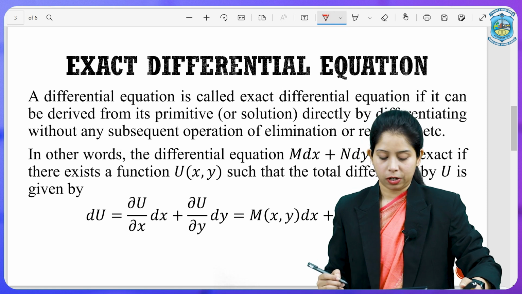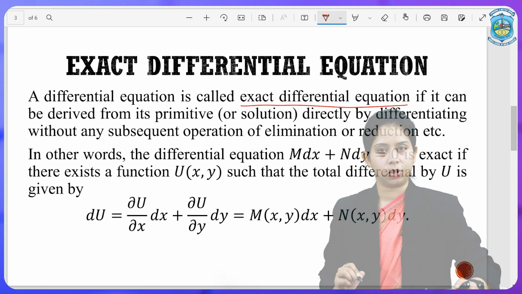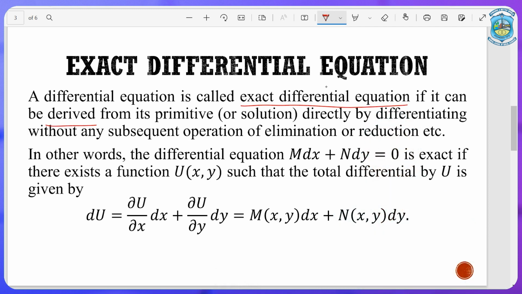So what is an exact differential equation? A differential equation is called an exact differential equation if it can be derived from its primitive, which is also known as the solution, directly by differentiating without any subsequent operation of elimination or reduction, etc. So by this we mean that only those differential equations will be called exact if they can be derived from their solution with the help of differentiation, and we will not use any other subsequent operation of elimination or reduction.